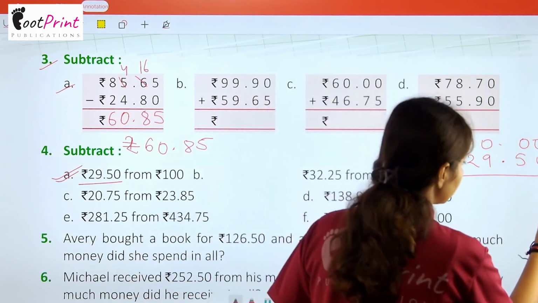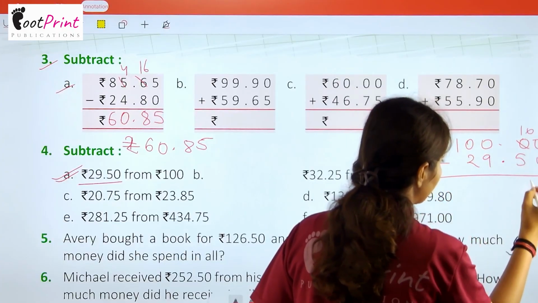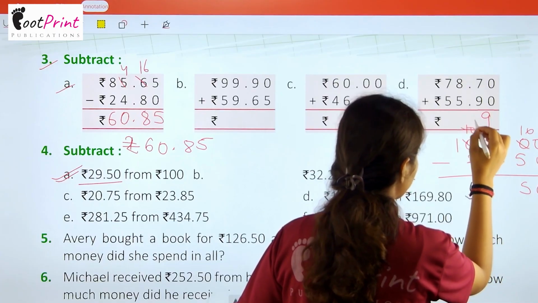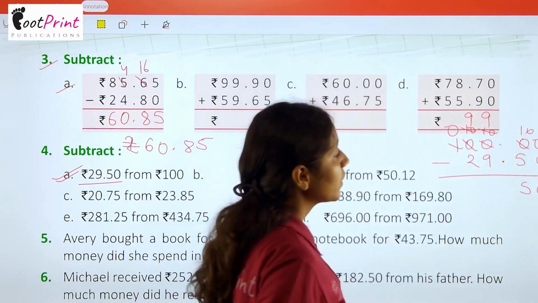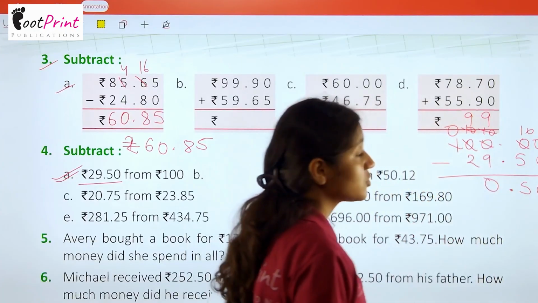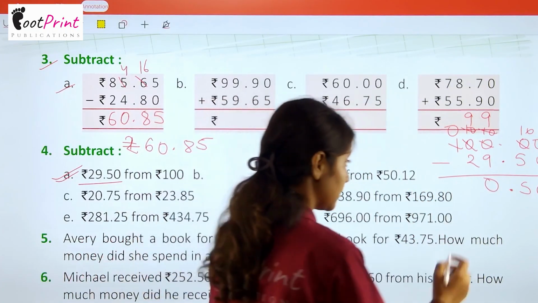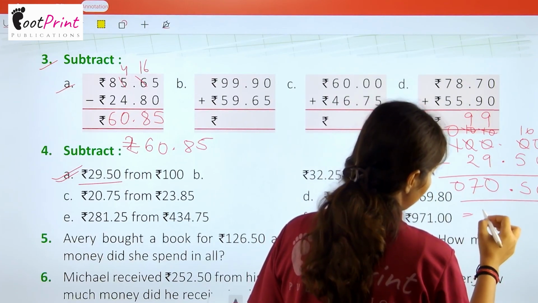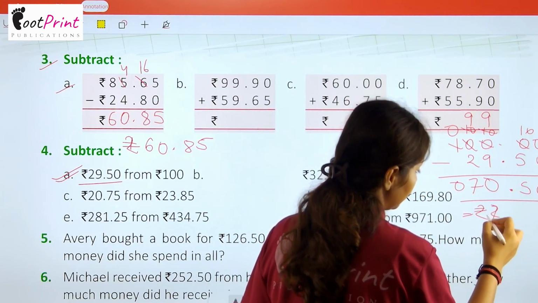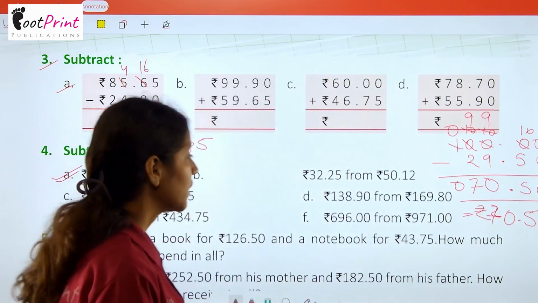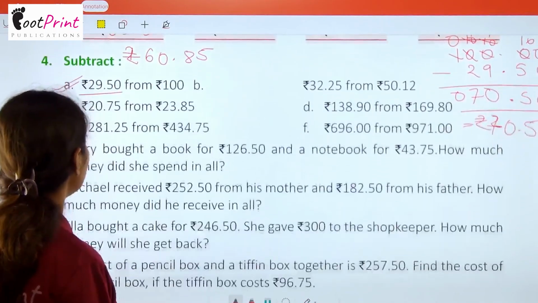So 0 minus 0 is 0. 10 minus 5 is 5. This will become 10 and this will become 9. Okay. Now 9 minus 9 is 0 and 9 minus 2 is 7. And this 0 will stay 0. So your answer is rupees 70.50. Okay, this is how you will get the answer.